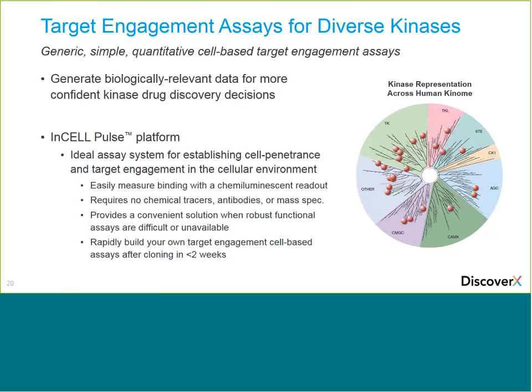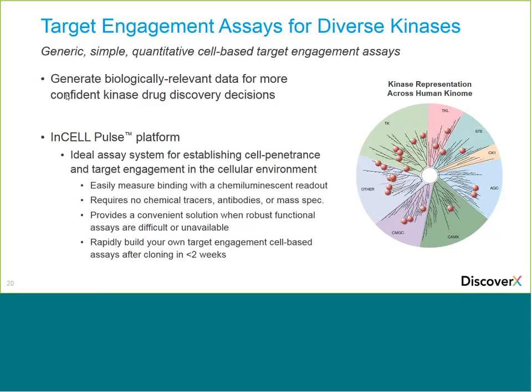So just to summarize, I've told you about this new technology, this generic cell-based target engagement technology called InCELL Pulse. We focused today on kinases. I showed the dendrogram again on the right, showing that this technology has worked across diverse kinases, across the phylogenetic tree.